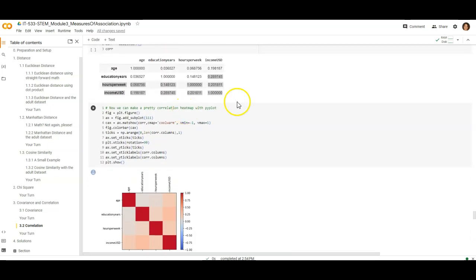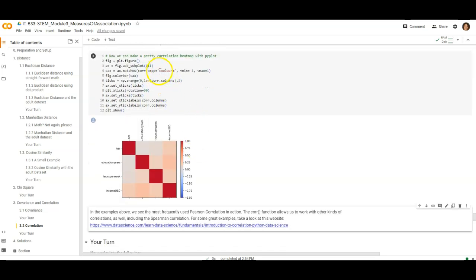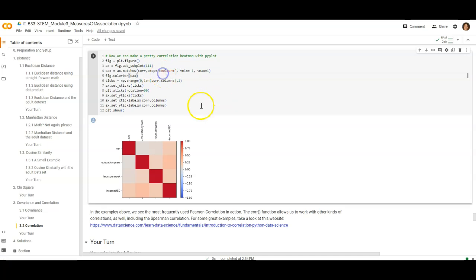One of the cool things that we can do with these colors is we can plot them in a heat map. So using the cool warm colors, we see here in this heat map that the perfect positive correlations are dark red, the perfect negative correlations are dark blue, and everything else is in between. So what we're seeing here right away is that all the correlations fall into the positive side here.